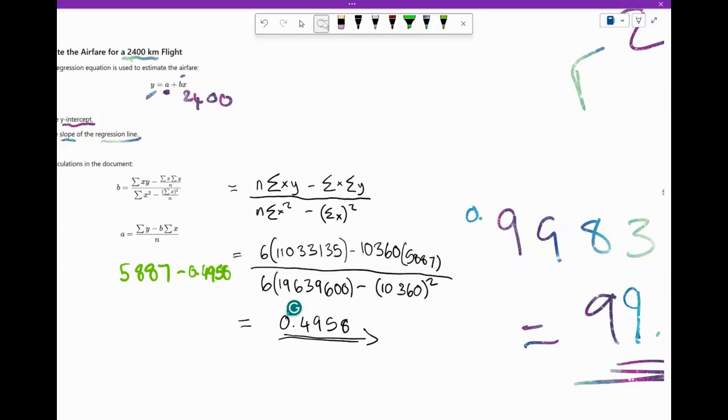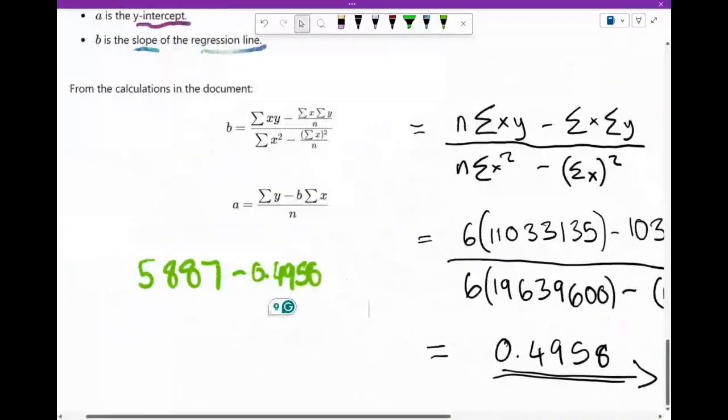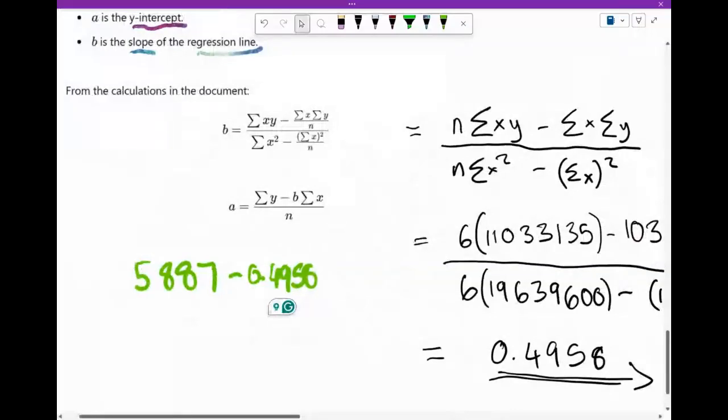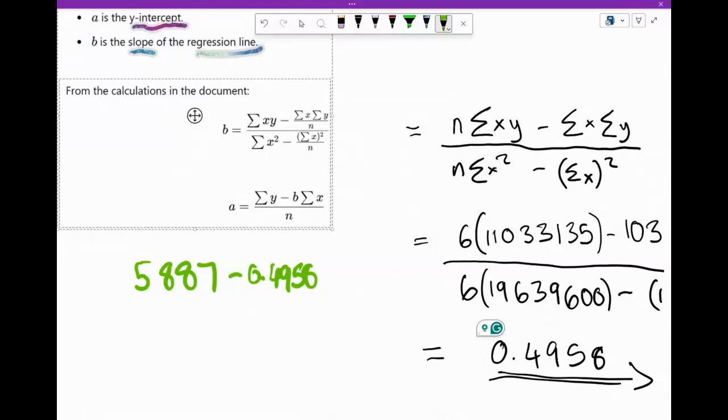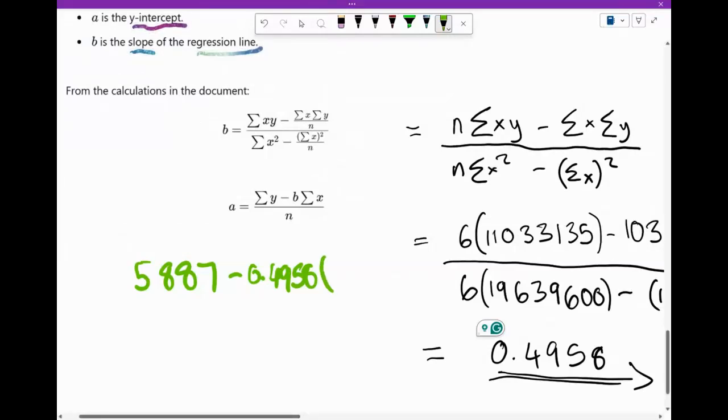Okay, I was ambitious in trying to put that all there. Let me move this here. Give myself some space. Okay, that's all we need. So that is 5,887, and then we are saying times the sum of x, which is 10,360.